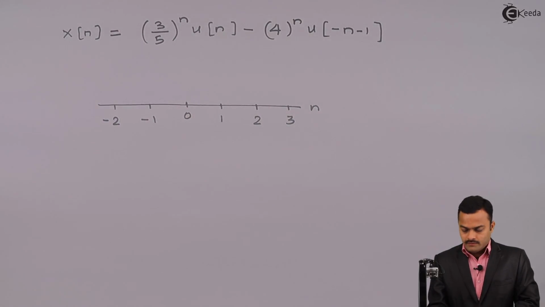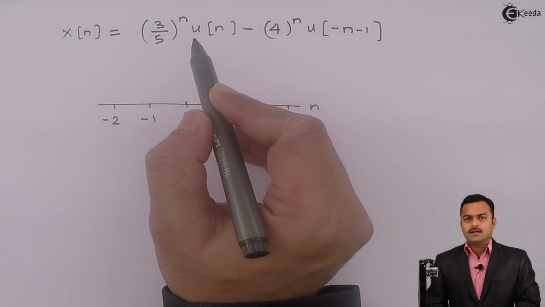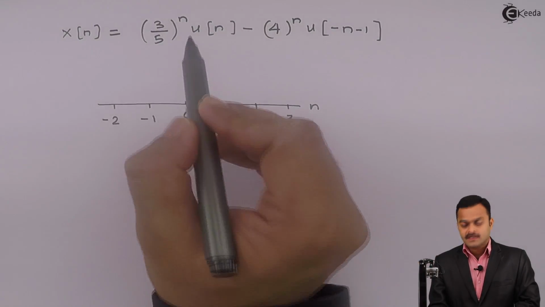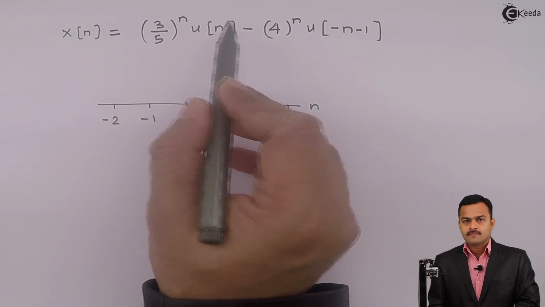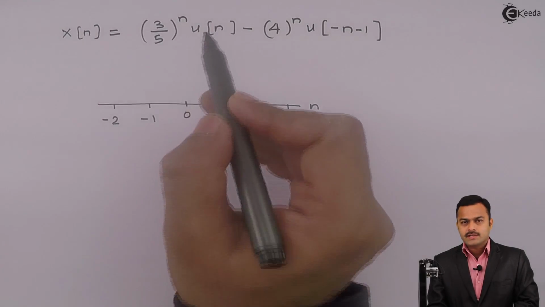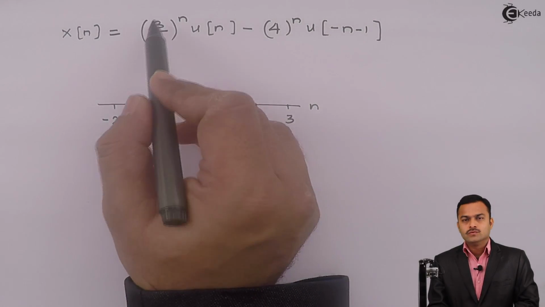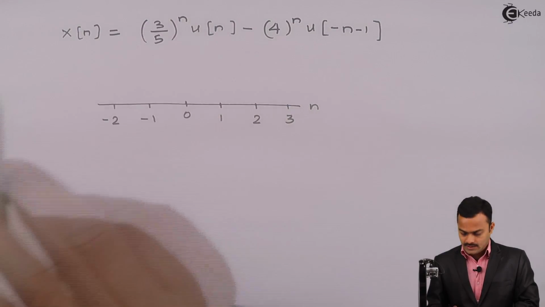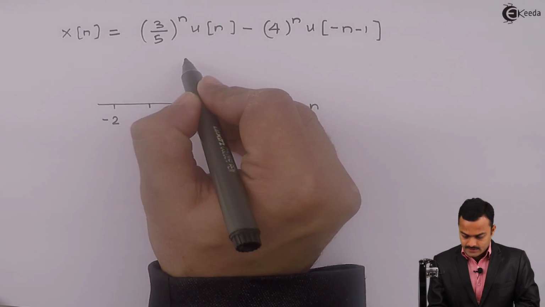Whenever I say u of n is there, u of n exists from 0 to infinity. So at that time this sequence exists. For n equal to 0, this has a value (3/5) raised to 0, which is 1. So I will get a signal like this.